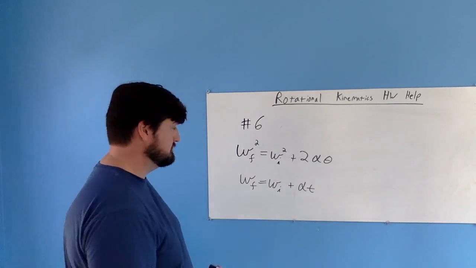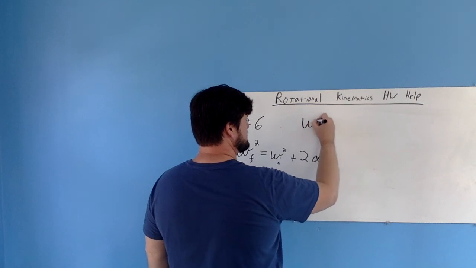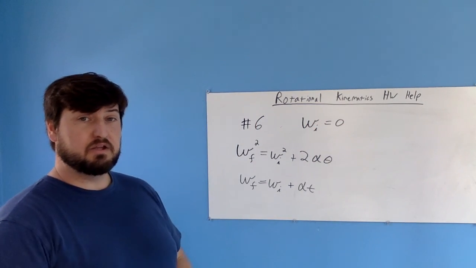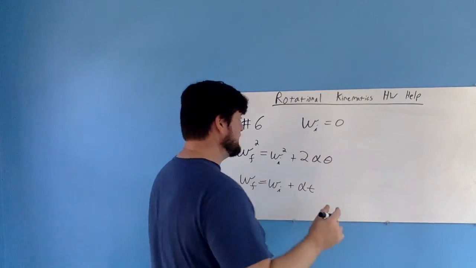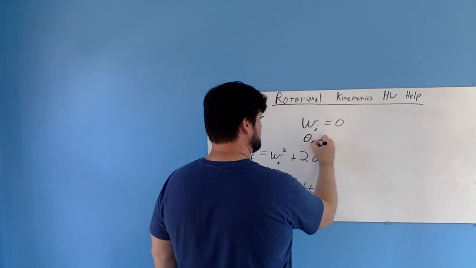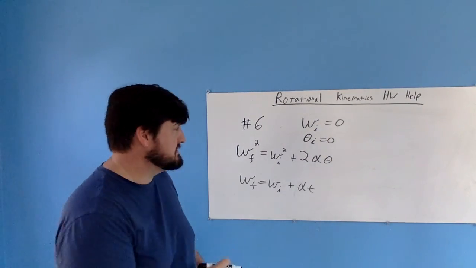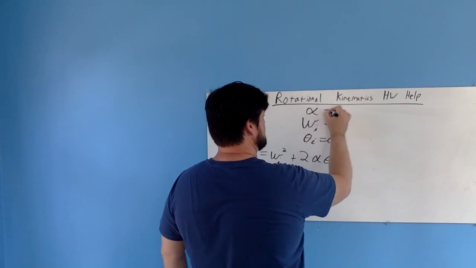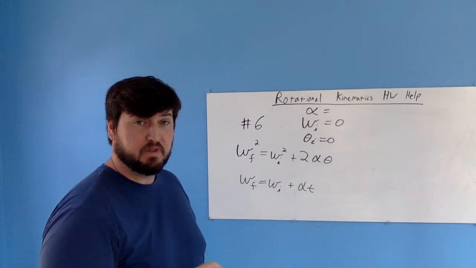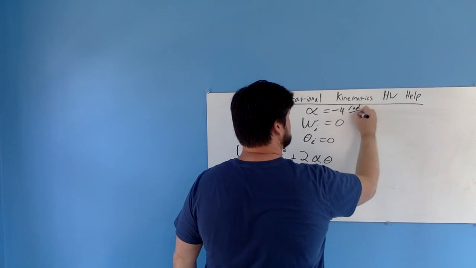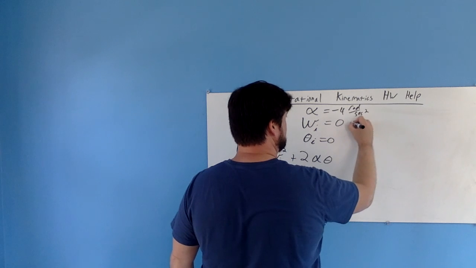What you know is that it starts from rest, so omega initial is equal to 0. And you know that it has an angle at the beginning, theta initial is 0. It has a constant angular acceleration, so it has a constant alpha, and that alpha is -4 radians per second squared.